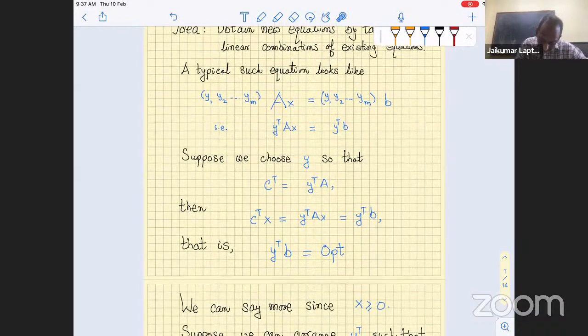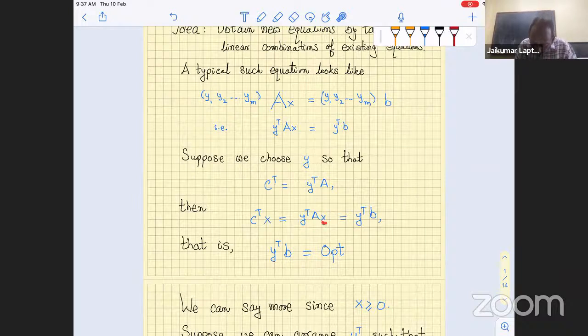For example, suppose we are able to find a y so that y transpose A is c transpose, then let us multiply both sides of this equation by x. And what do we get? y transpose Ax, so c transpose x for every feasible solution x. Or actually, as far as the first equality is concerned, this is true for every x. So for every x, c transpose x is equal to y transpose Ax.